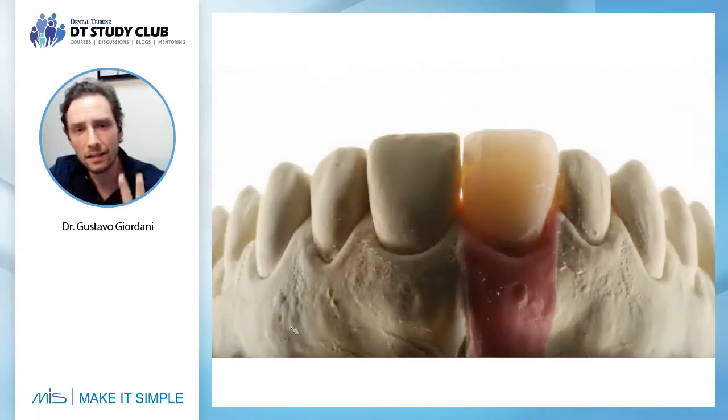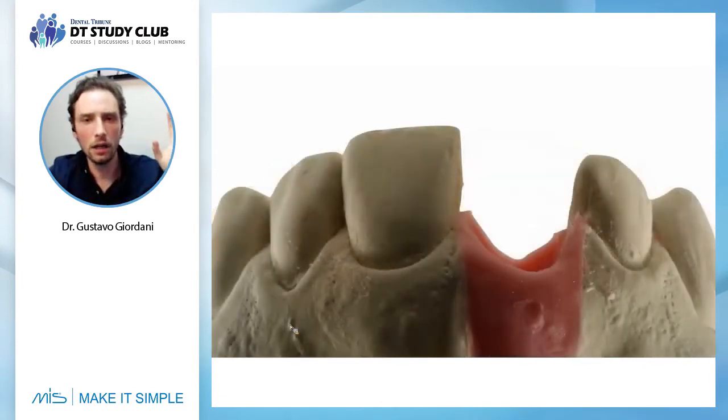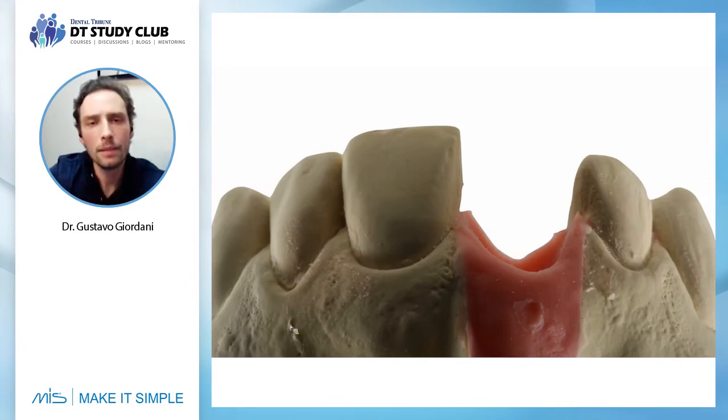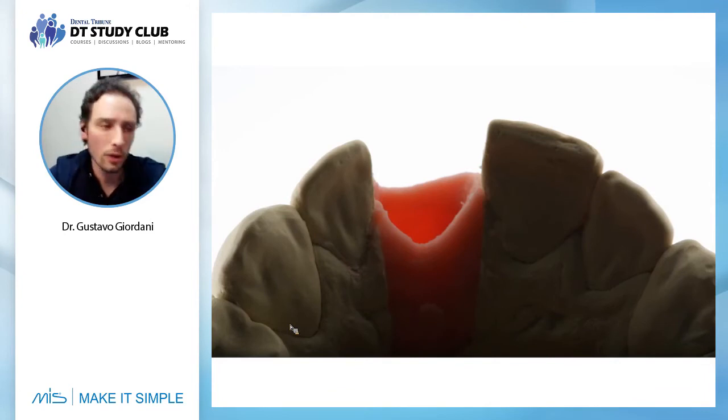You're going to have exactly the same situation you had before extraction in the mouth. When the technician removes the tooth from the model, you're going to have the same situation that we have in the mouth. You're going to have the critical contour and the tooth section. So this will be perfect for the provisional, and the lab will create the best support for the tissue.